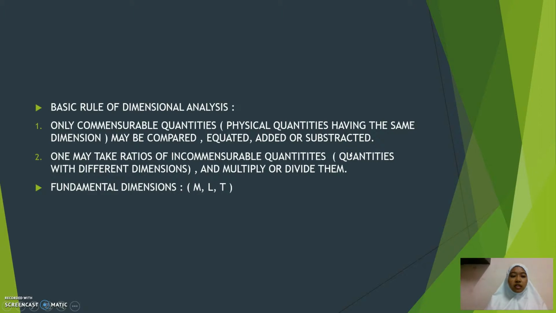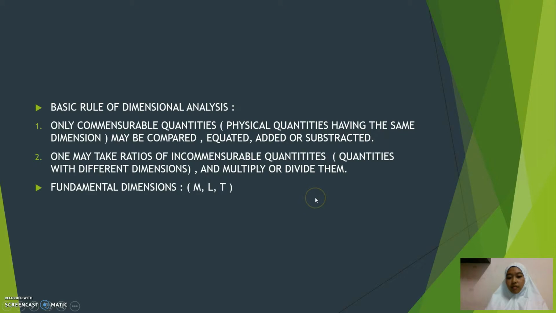So, let's see the basic rules of dimensional analysis. First, it is only commensurable quantities, which is the physical quantities having the same dimension, that may be compared, equated, added, or subtracted. Second, one may take ratios of incommensurable quantities, which is quantities with different dimensions, and multiply or divide them.